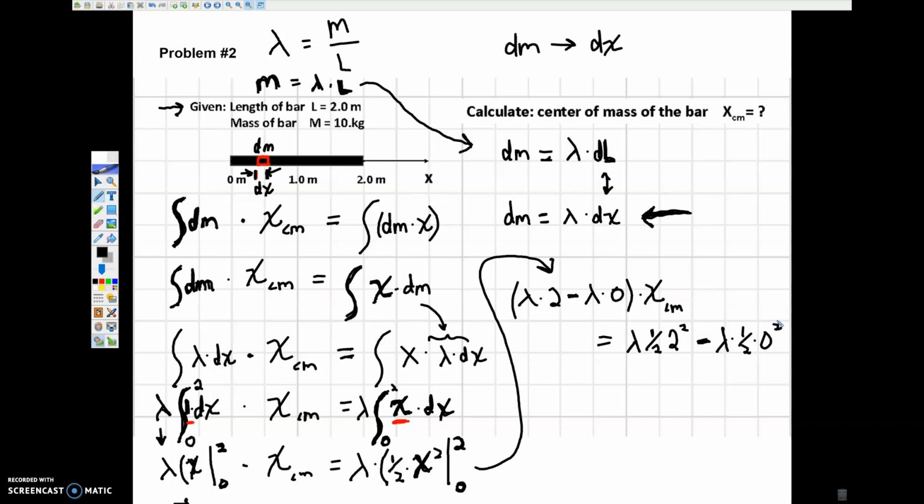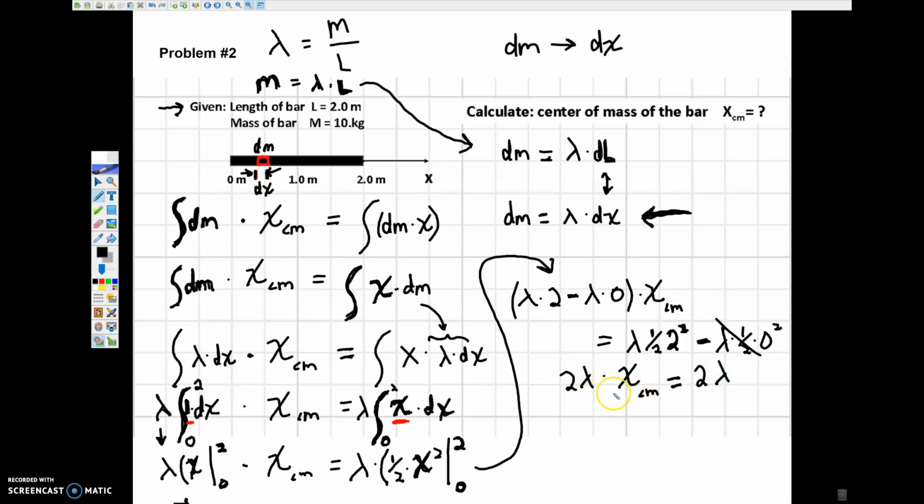And if I simplify this equation, I end up getting 2 lambda times the x coordinate of the center of mass equals, this term goes, and here I have a 2 squared, which is 4 times 1/2. So I get 2 lambda again.